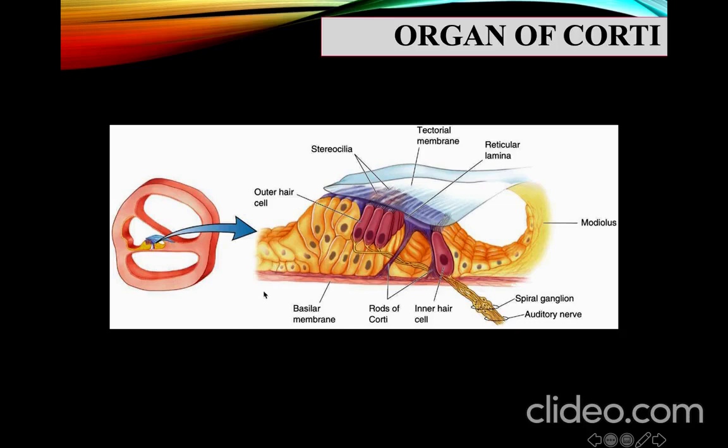Here this is an amplified picture. Here you can see the basilar membrane. Now there are some special tissues known as the rods of Corti, and there are two cells known as the outer hair cell, and this is called the inner hair cells.